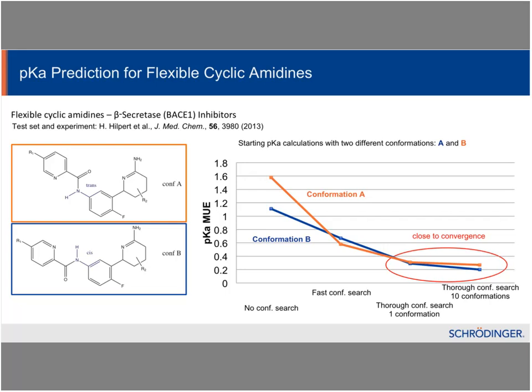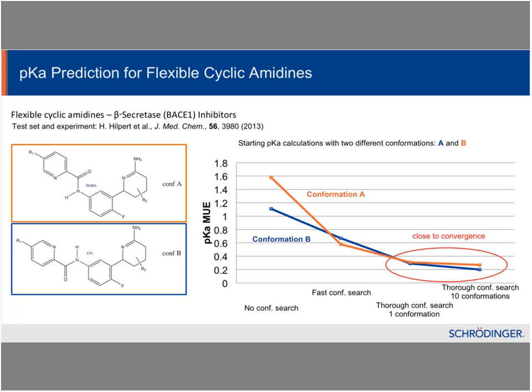In this test set, we had a bunch of molecules with various substituents, in conformation A and conformation B, which differ by a flip, trans and cis. Even the mean unsigned error, not even the individual pKa predictions, is already different. You see there's a huge difference depending on what conformation you start from, even though it's the same molecule.